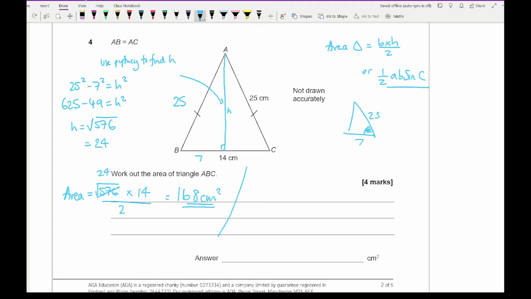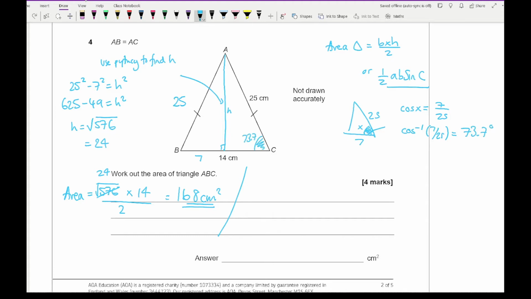To work out this angle here, I'm going to use cos. So cos x equals 7 over 25, and inverse cos of 7 over 25 gives me an angle of 73.7. So this angle here is 73.7.